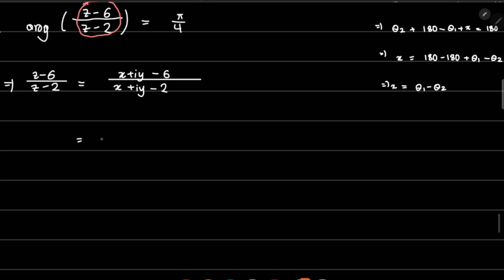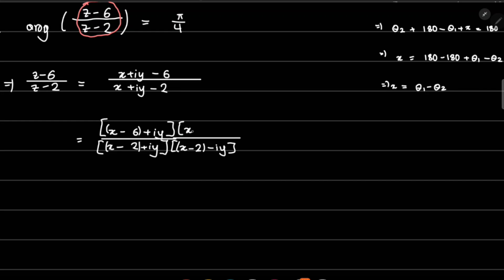From here I get x minus 6 plus iy divided by x minus 2 plus iy. Now we can rationalize this by multiplying by x minus 2 minus iy. So we'll do it at the top as well.